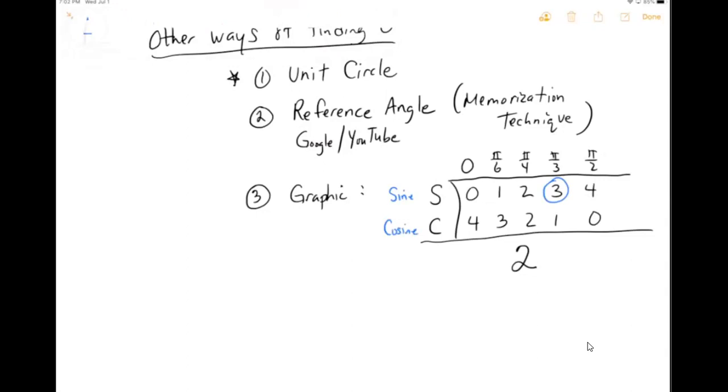What this represents is the sine of pi over 3 is the square root of 3 over 2. So you notice the 3 is inside the square root, so it's a square root of 3, and then everything gets divided by 2. And the angle lines up with the circled number, okay? So that would be the sine of the angle pi over 3 is the square root of 3 over 2.